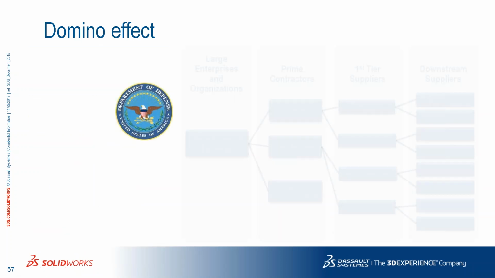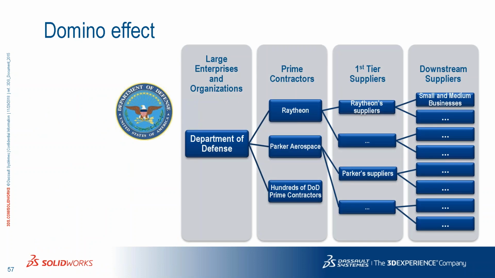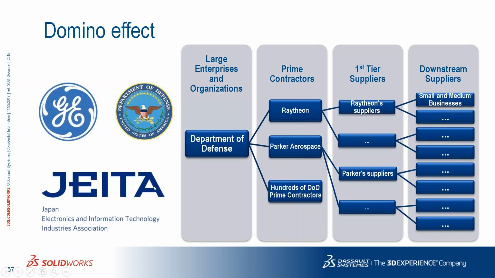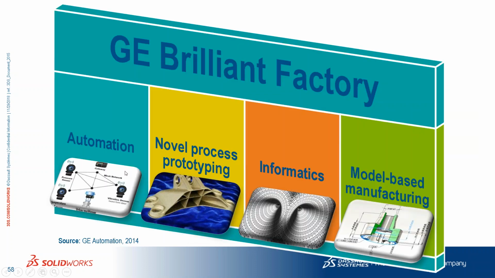And if you're working with the Department of Defense and you're part of the supply chain, sooner or later you will be required to provide model-based documentation, and the same applies for General Electric, or if you're working with the Japanese industry. Some big companies like General Electric have already done this in practice.